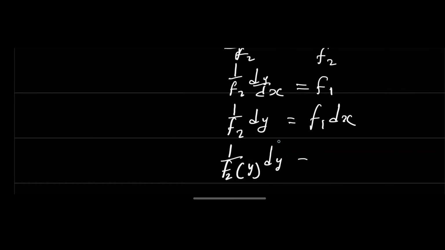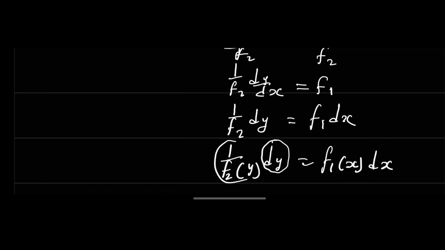So for example, we have dy here and we have y here. No x ever appears on the left. And if we come to the right, we have f1 of x multiplying dx. We have x, x. There is no y appearing on the right apart from x.